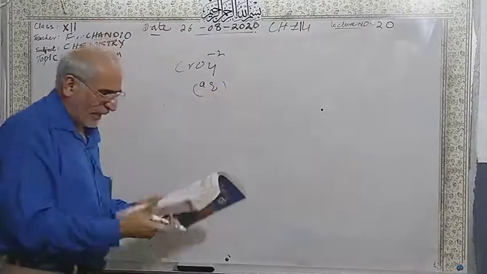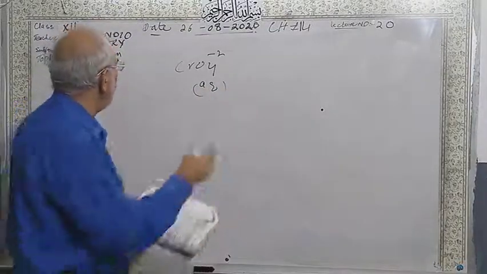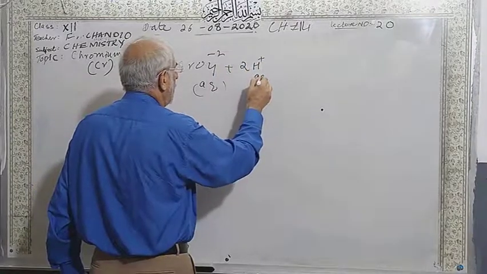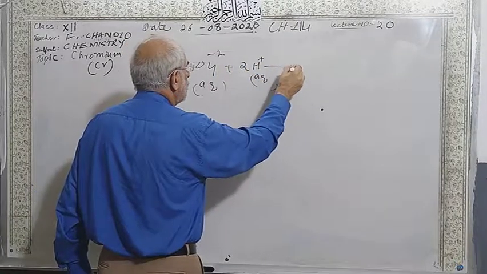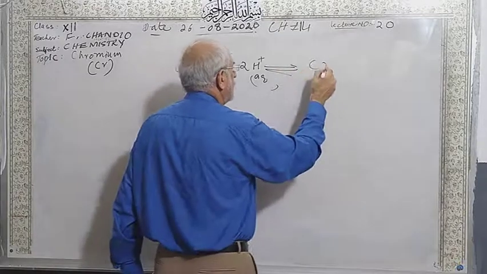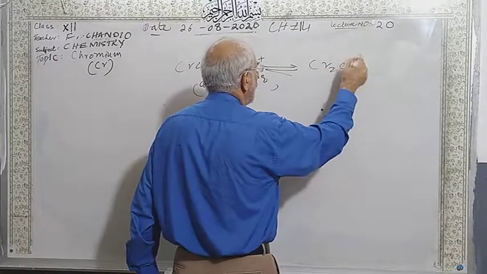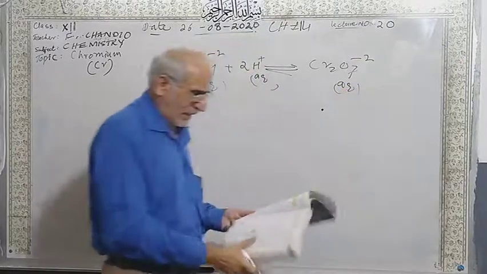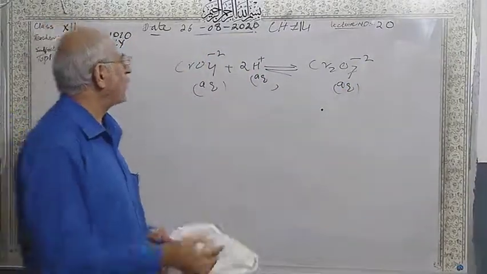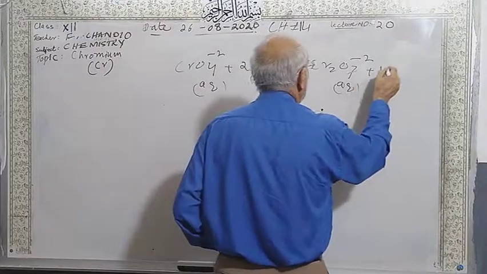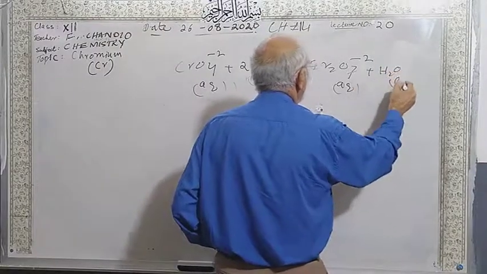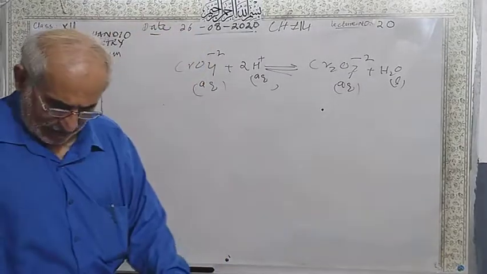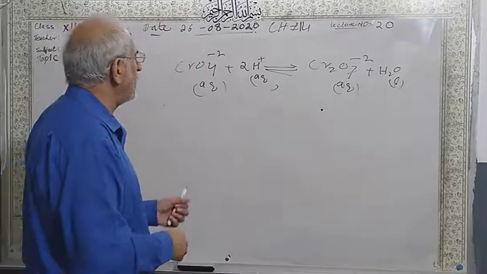When you add acid, the hydrogen ions from the acid give you the dichromate, and water is formed. This is the conversion. It is a reversible reaction.